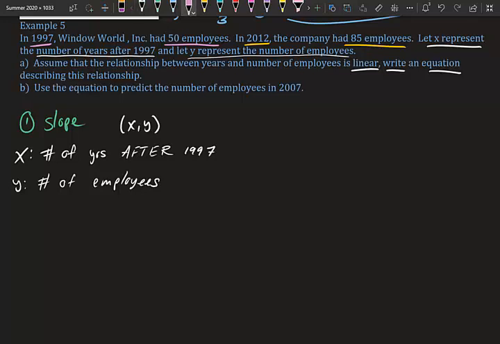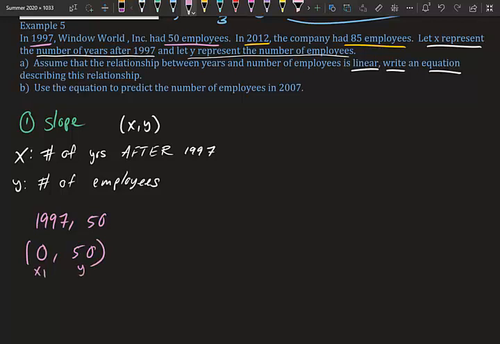So we have our two values: 1997, 50 employees, and 2012, 85 employees. Since X represents the number of years after 1997, if we have 1997 and 50, you see it's not after. It is 1997. So that is 0 years after 1997, they had 50 employees.